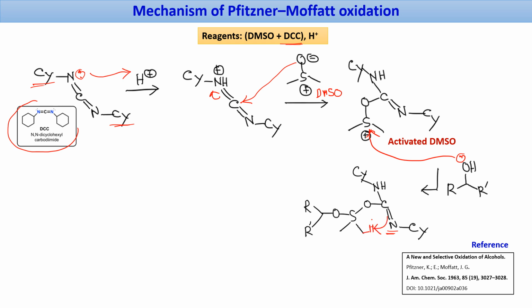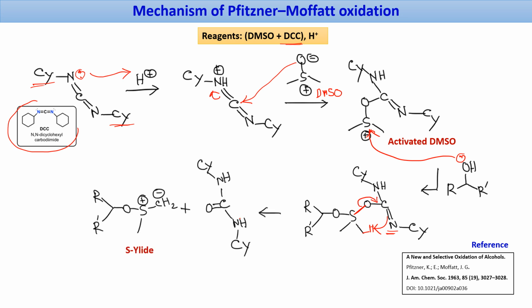Once this hydrogen is captured, this sulfur-oxygen bond will be broken. Once it is broken, the DCC is removed in this form as a urea, and we have obtained the S-ylide. Once the S-ylide is formed, the rest of the mechanism is the same as we have already seen in case of Swern oxidation, which you can see in the previous video.